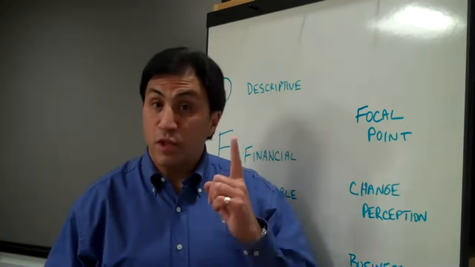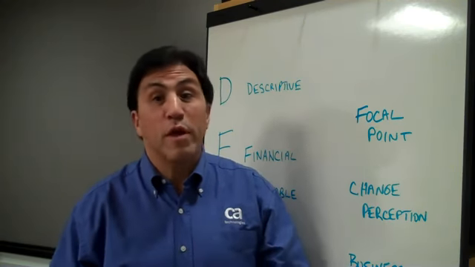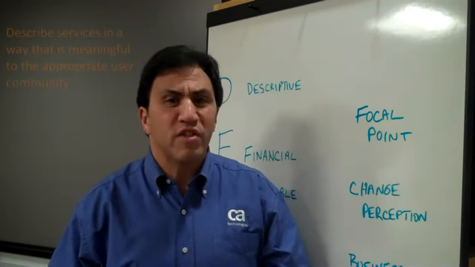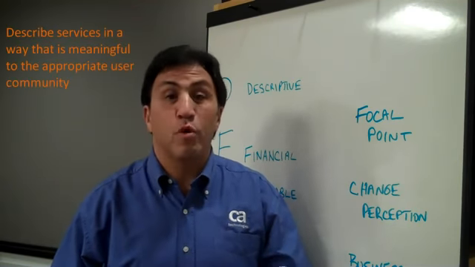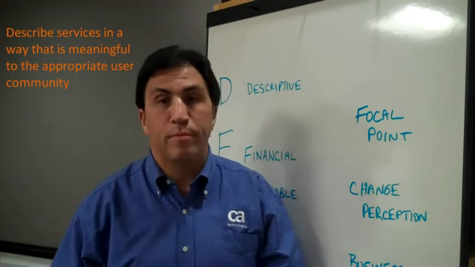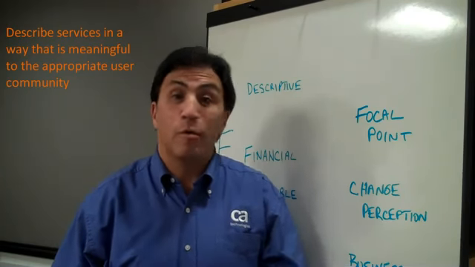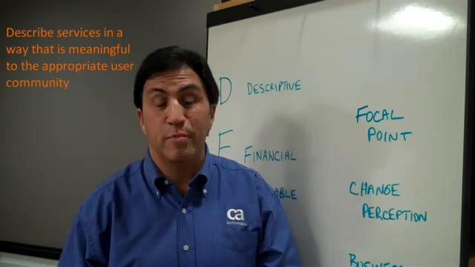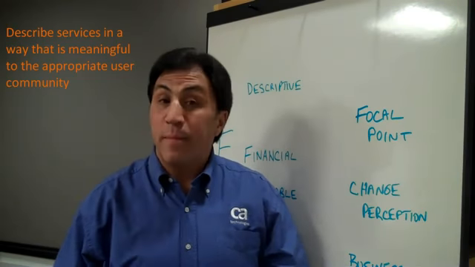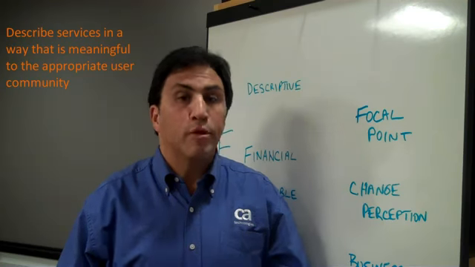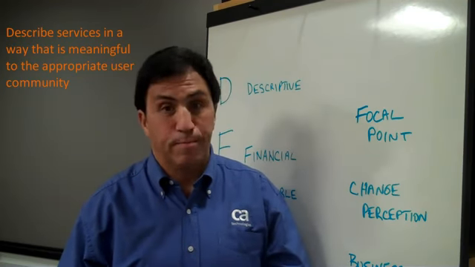You will always start with at least one descriptive element. This is where you will describe what your service is in a way that's meaningful to the appropriate user community. For example, if you had a storage service, you might be tempted to define this as 1 terabyte serial attached SCSI storage system in a RAID 5 array. Now that may be fine to a technical user, but to a business user, will it make sense?